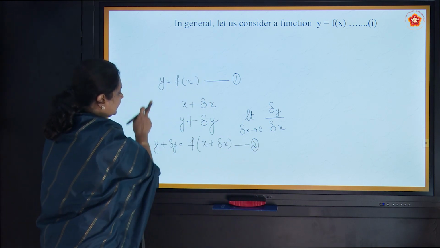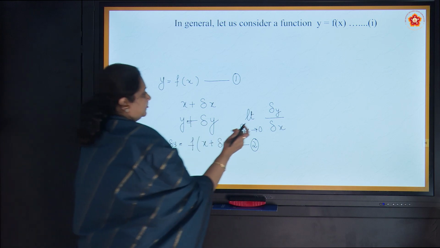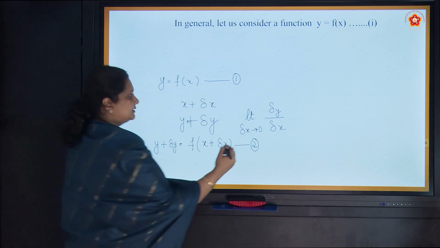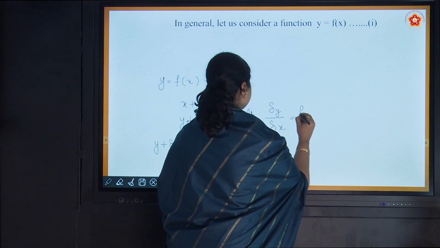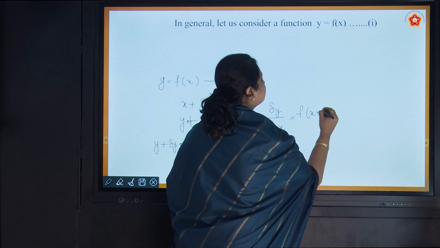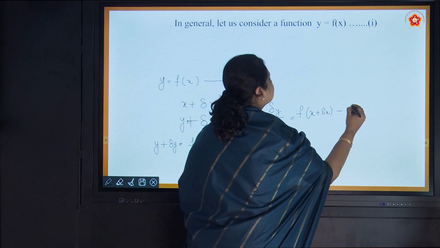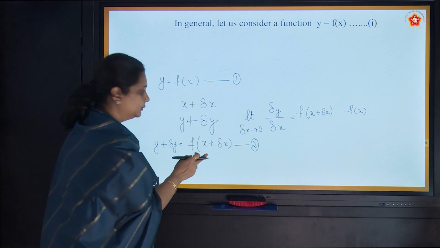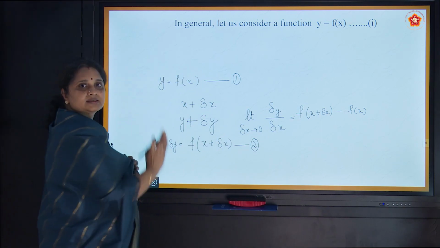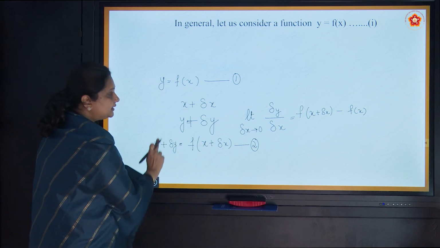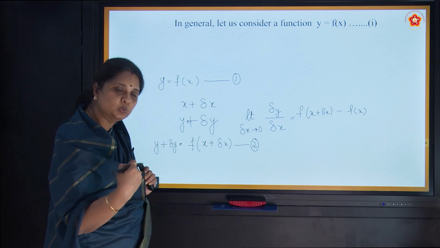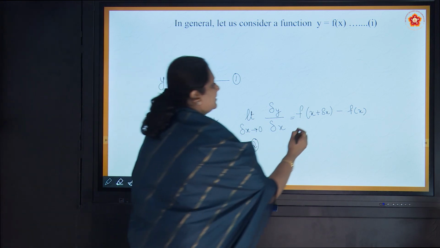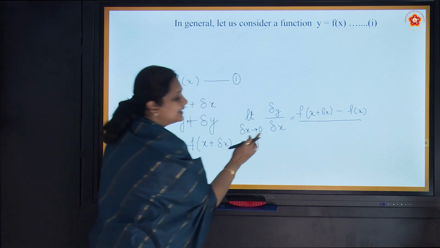What is my increase in y value? That is nothing but the difference of this and this, right? So I have f of x plus del x minus f of x. This is my increase in the value. From the new value, I take away the old value to get the increase in y.